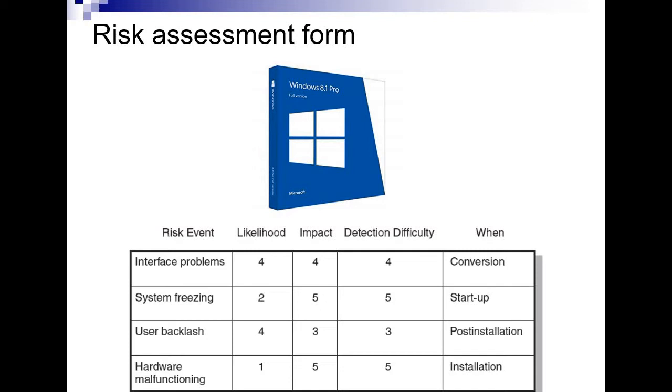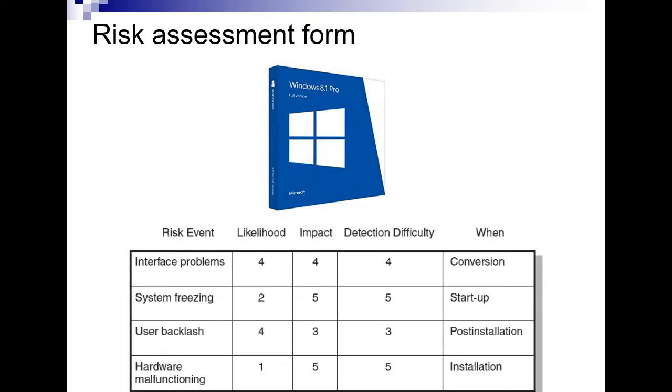Now because of these two problems, there could be a user backlash. This user backlash has a likelihood of 4. The impact level is going to be 3, because Microsoft understands it has a certain level of reputation, and since it expects the users to have the plug and play system, it is less likely that it will have some severity as far as user backlash is concerned.